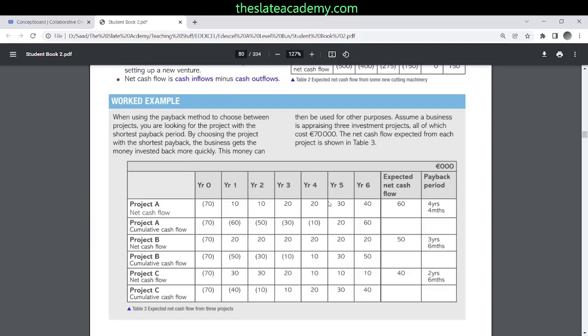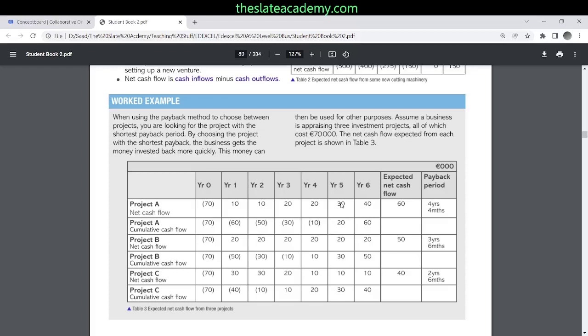So 10 over 30 into 12. 10 over 30 is the fraction of this year 5's amount that I need. Then multiplying it with 12, I'll get the answer in terms of number of months.